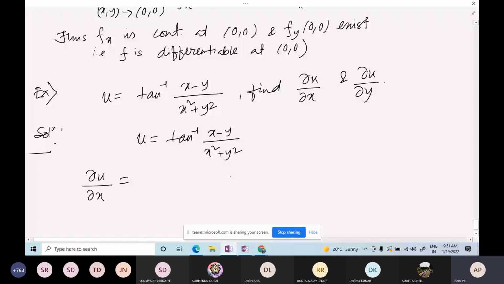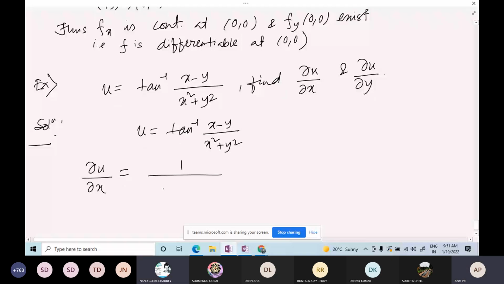What was the formula? Limit h tends to 0. No, directly we can do. Limit h tends to 0 of f(x + h, y)... 1 by 1 plus ((x − y)/(x² + y²)) whole square. Can I write like this?